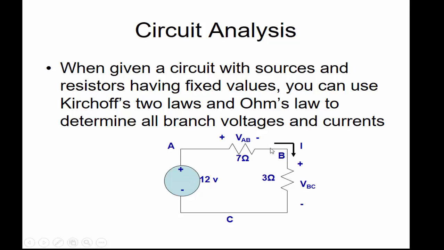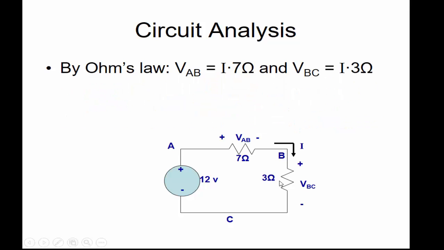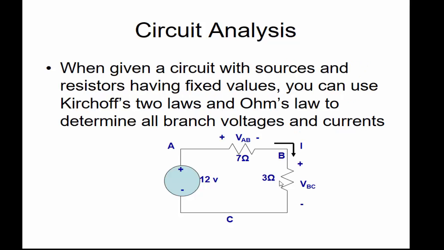So if we have a question like this one, where we have to find the voltage across the 7 ohm resistor, it can be approached in two ways. The first way is to use Ohm's law, where we add the summation of this and then divide into 12, finding the current that is flowing. So the voltage across this is simply this current times 7 ohms.